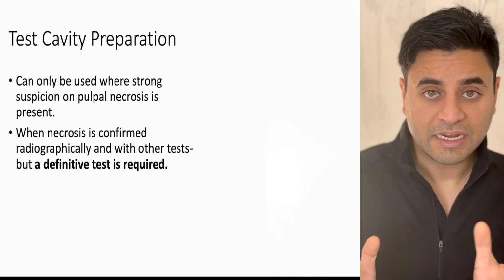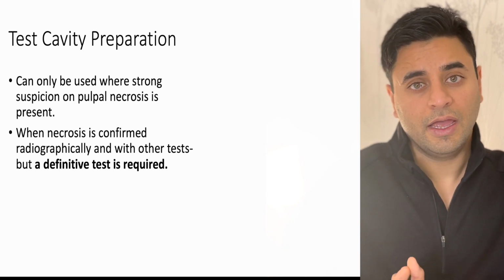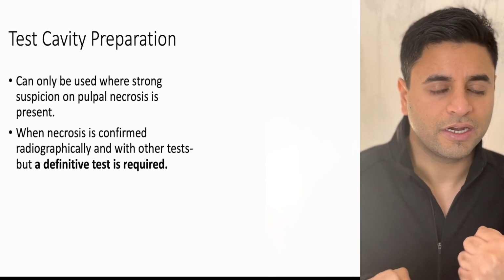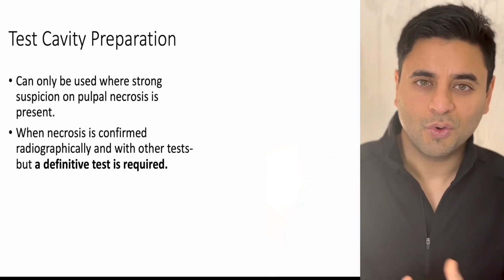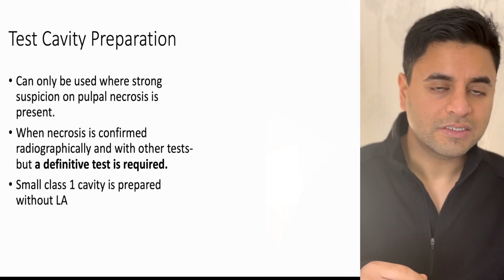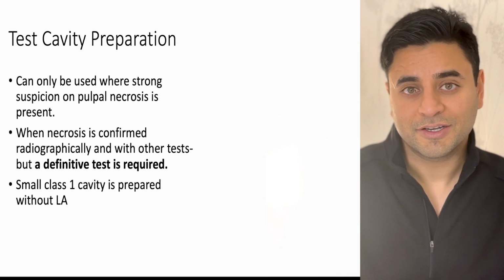So the test cavity prep is done when the necrosis is confirmed radiologically, and other tests also give you that diagnosis, but you're not 100% sure. Then you will go ahead with a test cavity preparation. You create a small class 1 cavity prep without giving local anesthetic to the patient.